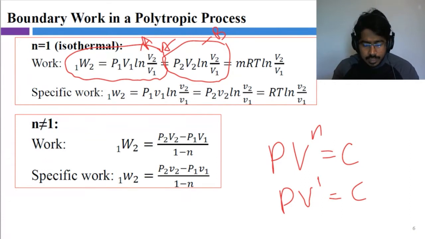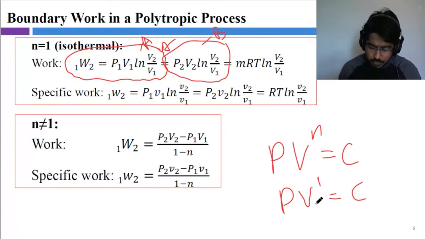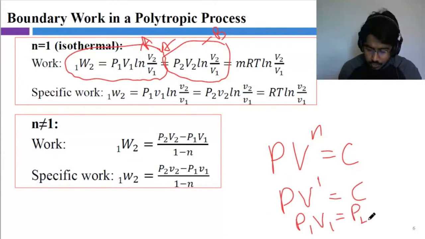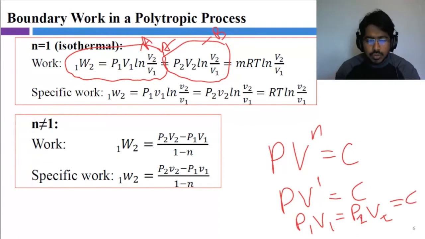It's going to be the same, right? Because we said that PV equals a constant. Basically, we can say that P1 V1, the conditions at state 1, equals P2 V2, right? So that's going to be equal to a constant.